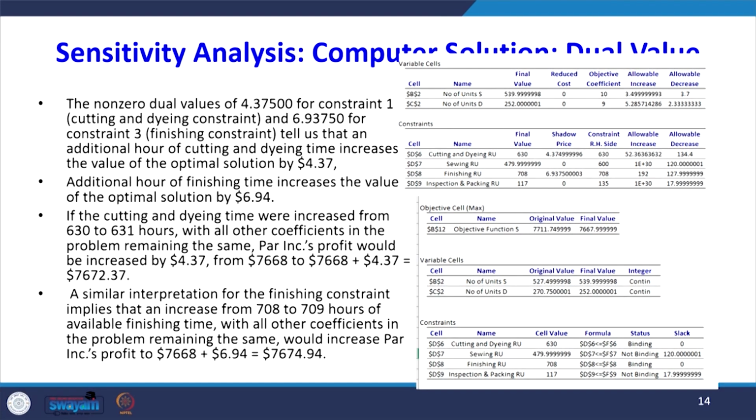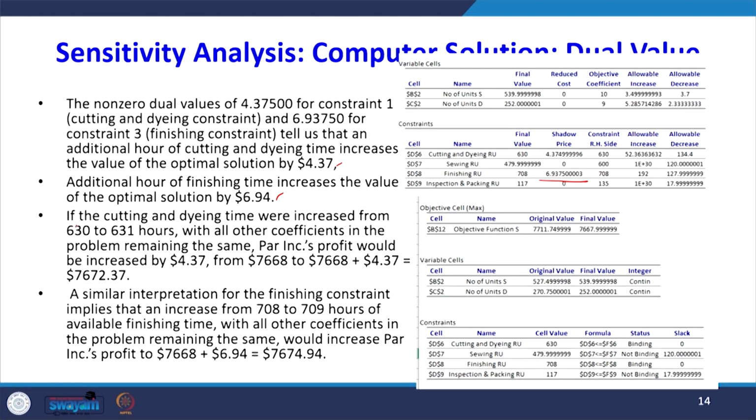Then, the interpretation of this dual value. The non-zero dual values of 4.37 for constraint 1, that is the cutting and dyeing constraint, and 6.93 for the finishing constraint, tell us that an additional hour of cutting and dyeing time increases the value of the optimal solution by 4.37, and an additional hour of finishing time increases it by $6.94.